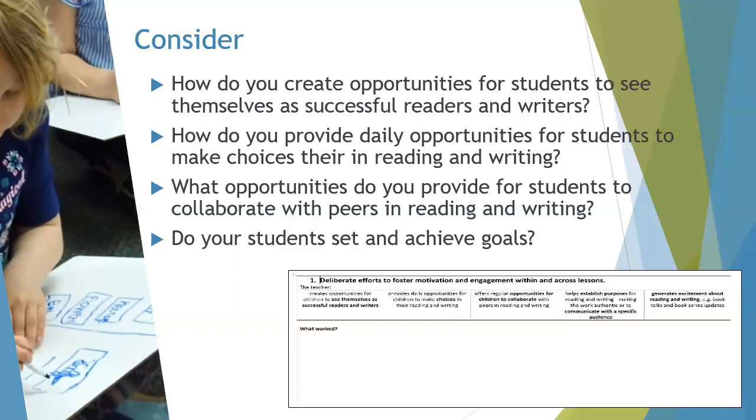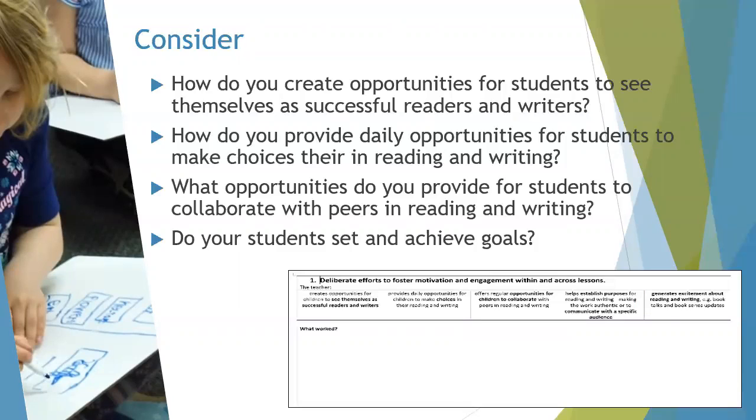What is working for you currently, and maybe what is something that you need to talk to someone else about to improve so that you can build a really rich reading and writing culture where every child sees themselves as a reader and writer and is motivated and engaged in the process rather than just being compliant because we said to do it.